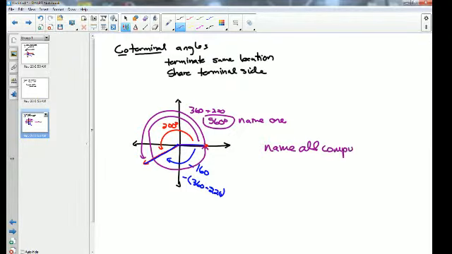You just can't keep up with my scintillating intellect. Name all coterminal angles to 200 degrees.